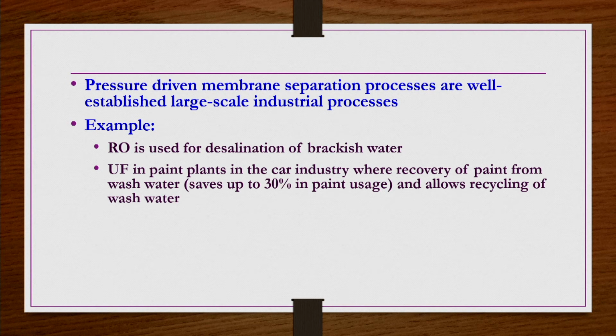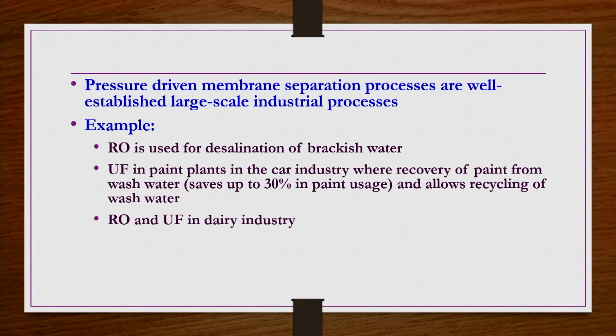By using ultrafiltration membranes to separate the wash liquid after washing the car, you can save up to 30% paint usage. The clear or almost clear water recovered from the wash water can be recycled and reused as wash water. That is another application.